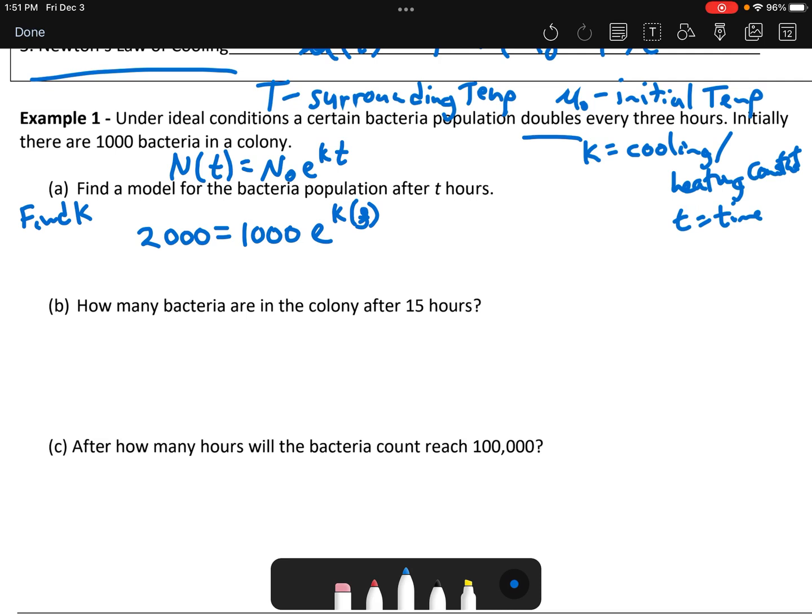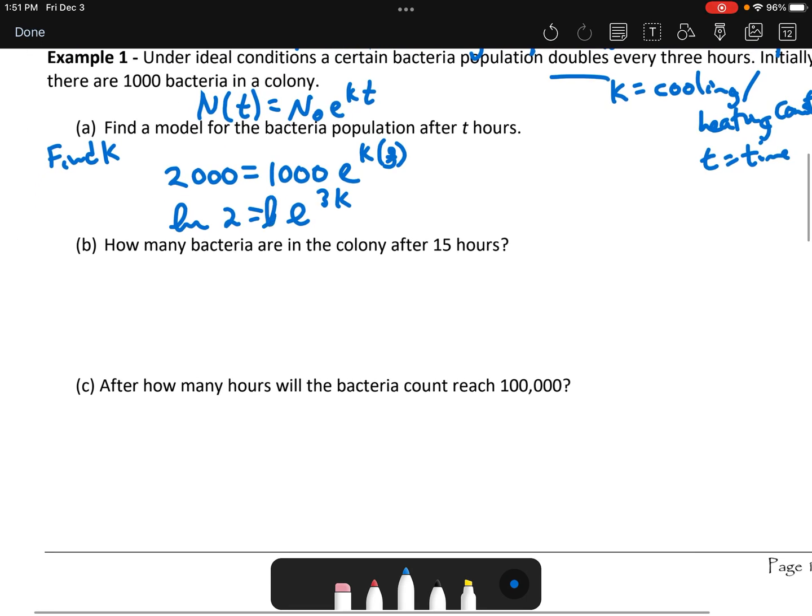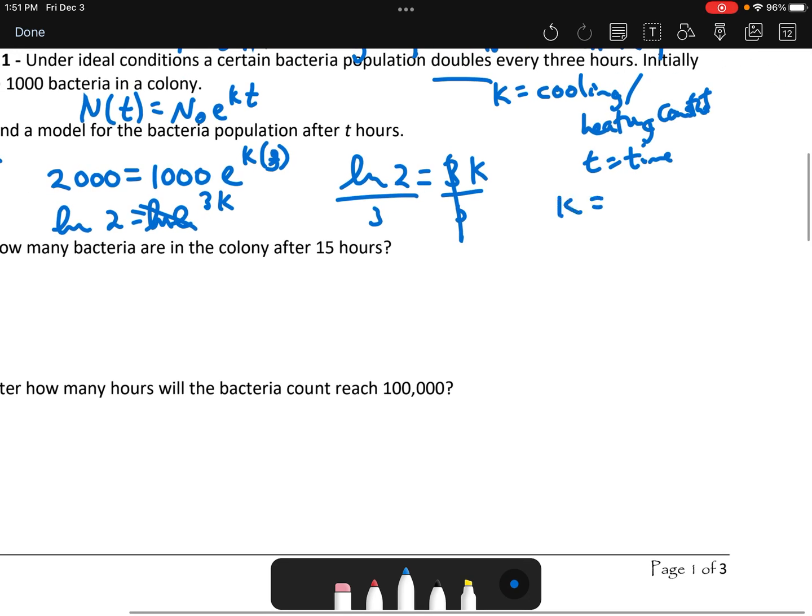The first thing we do is divide by 1,000, which gives 2 equals e to the 3k. Then we get rid of e by taking the natural log, which is nice because that leaves natural log of 2 equals 3k. We find k by dividing by 3, so k is exactly the natural log of 2 over 3. That is our growth rate.